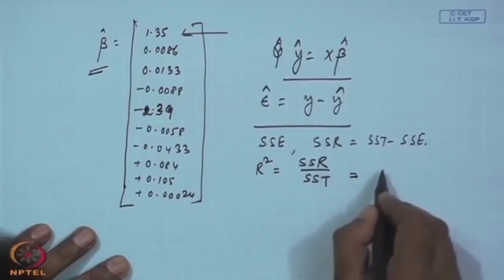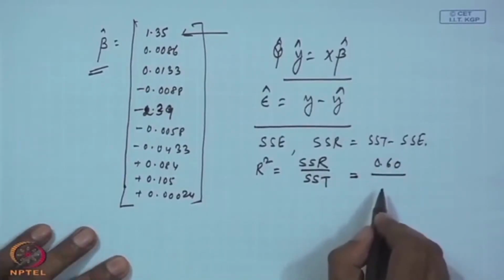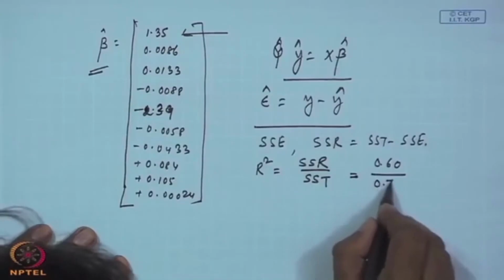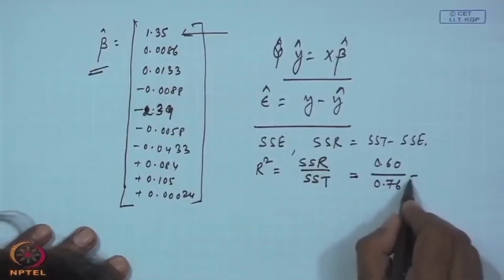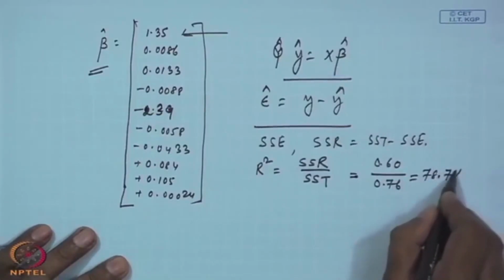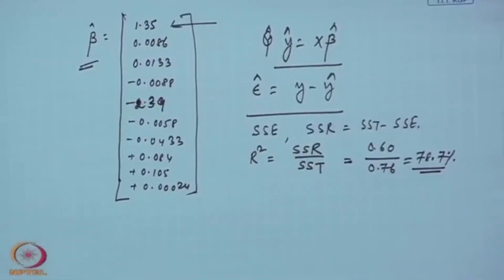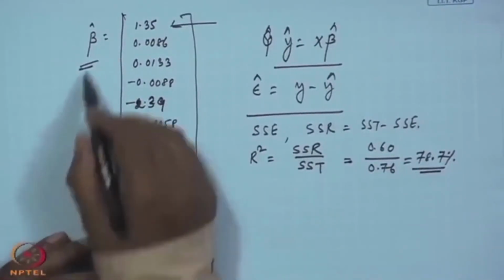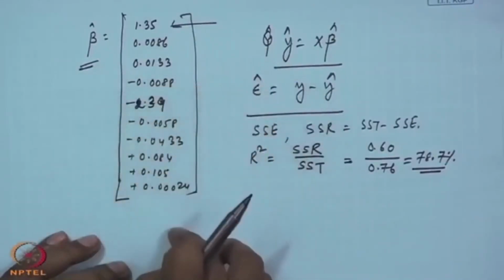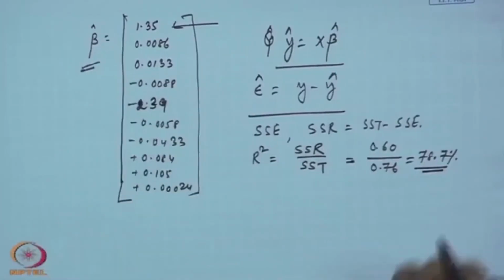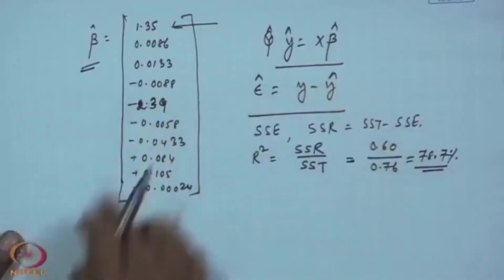Okay. And in this case our SSR is 0.60 and SST is 0.76, which is giving you 78.7% R square value. So, that means I can say, in total 79% variability of backlash can be explained by the independent variables considered. Now, whether 78% or 79% is to be considered significant or not, considering that we have taken data from day to day operation, it is not experimental data.